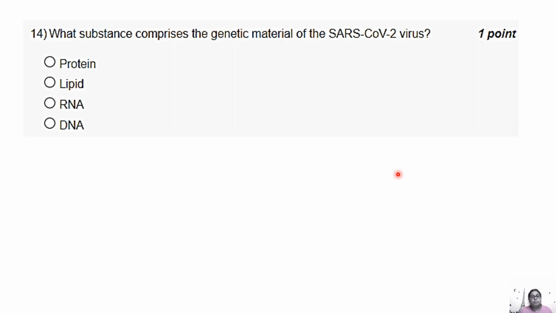You know the genetic material of SARS-CoV-2? Yes. So SARS-CoV-2 is a single-stranded RNA. The genetic material for SARS-CoV-2 is ribonucleic acid. Okay.